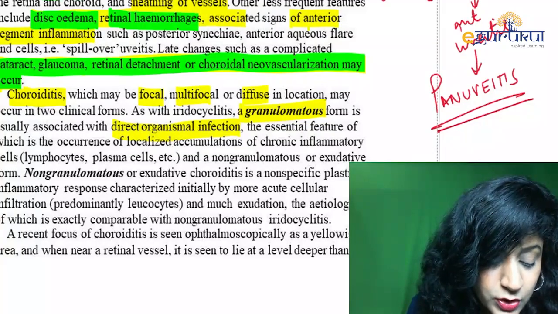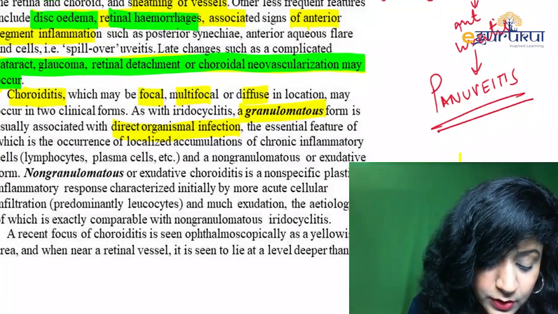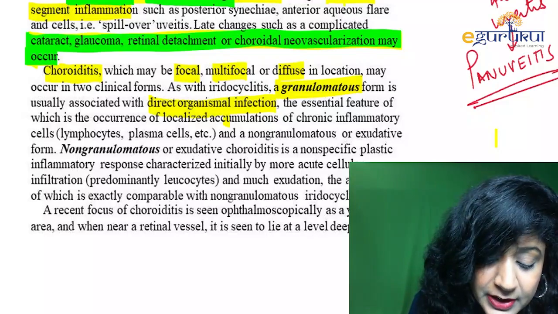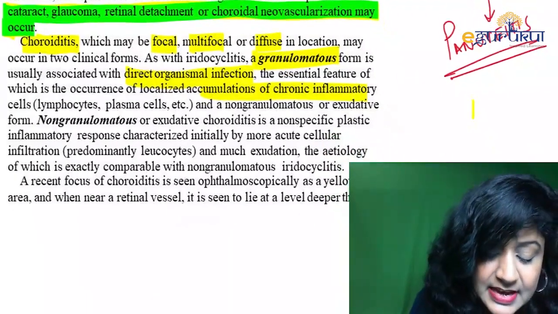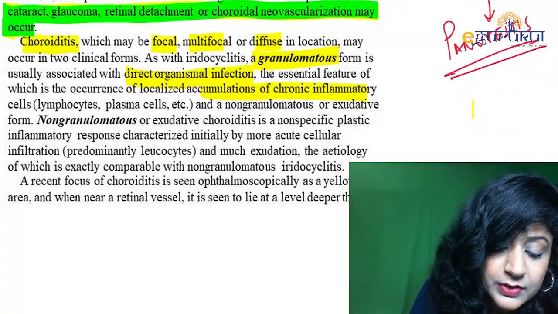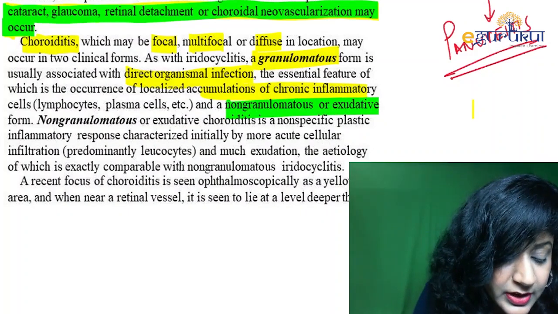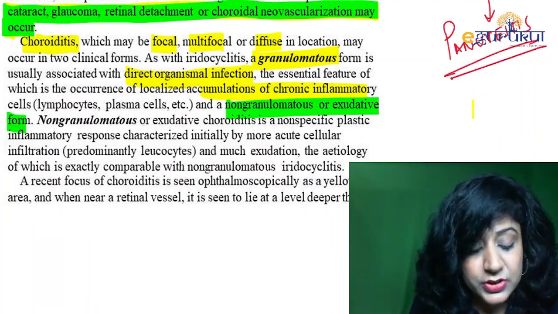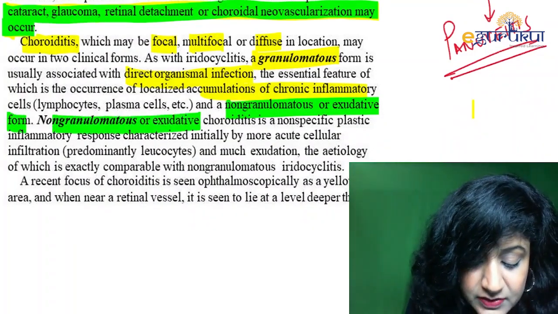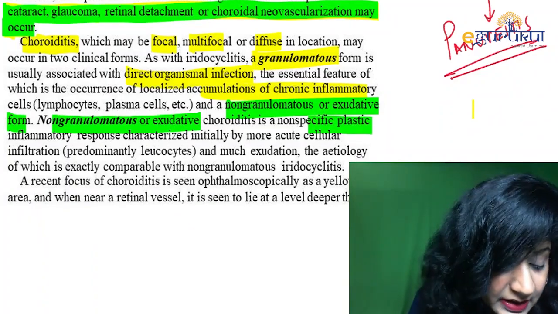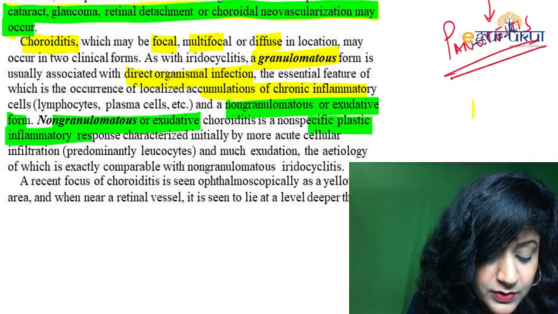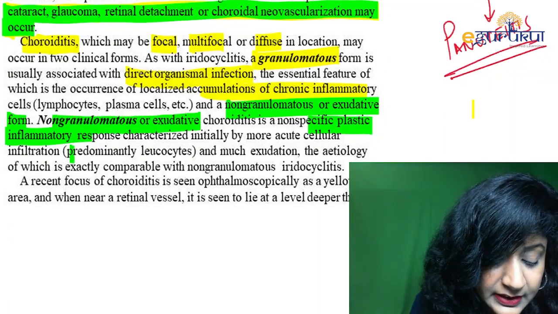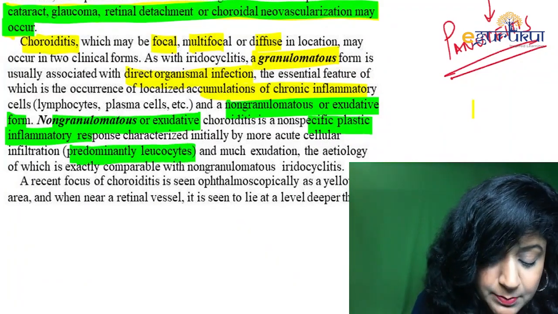The essential feature of which will be the accumulation of chronic inflammatory cells, and then we can also have the non-granulomatous or exudative form. The non-granulomatous or exudative is a non-specific plastic inflammatory response, which is predominantly leukocytes, and much exudation.